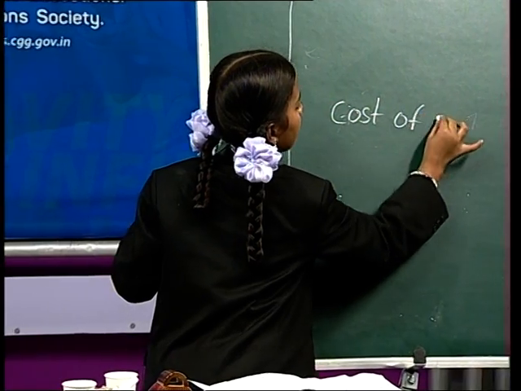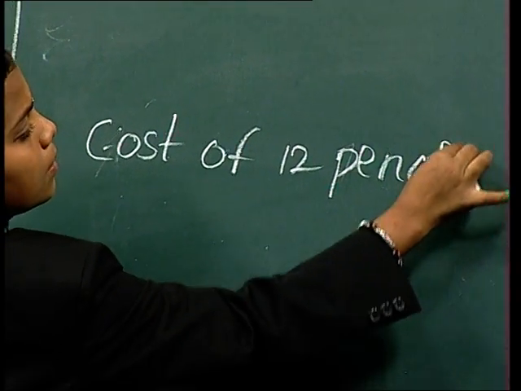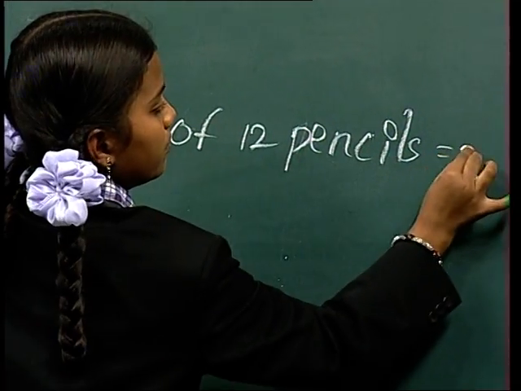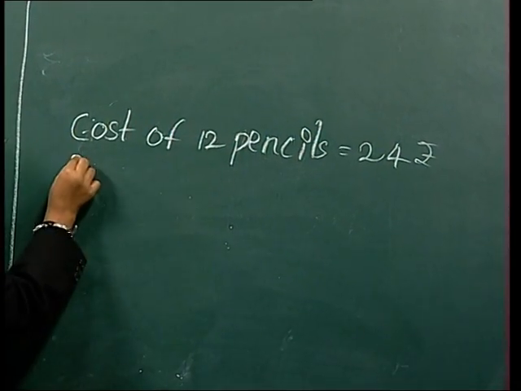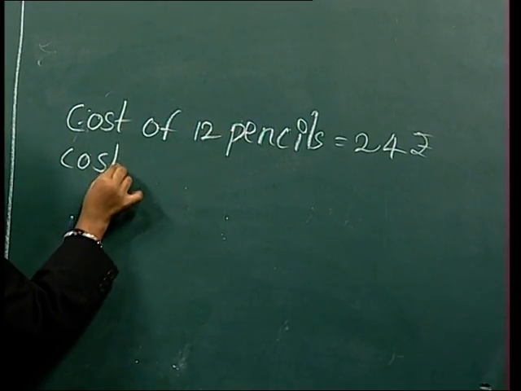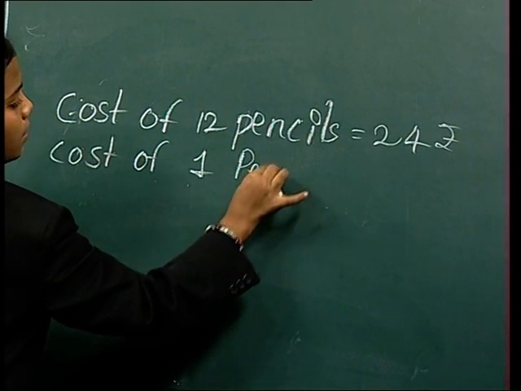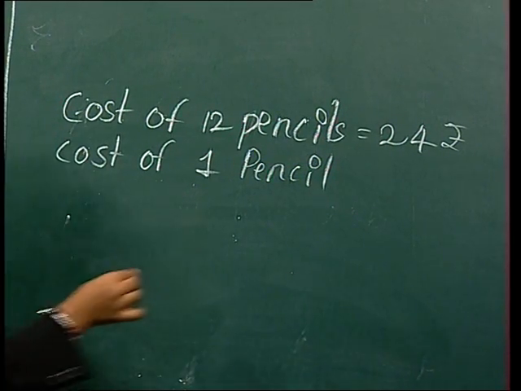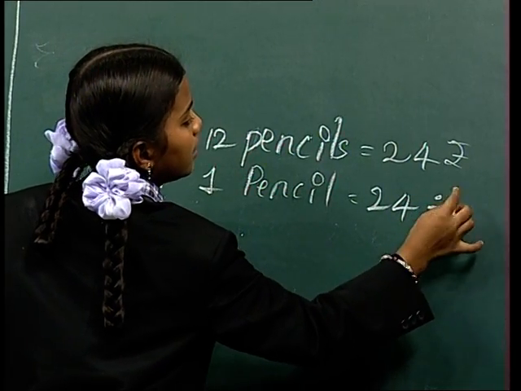Cost of 12 pencils is 24 rupees. If we find the cost of one pencil, we divide 24 divided by 12.